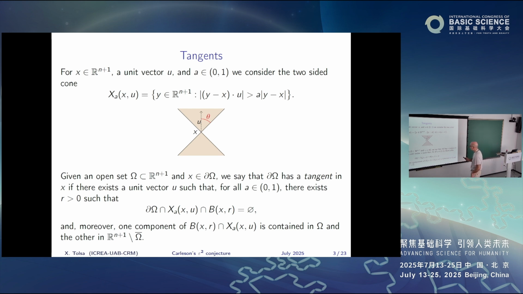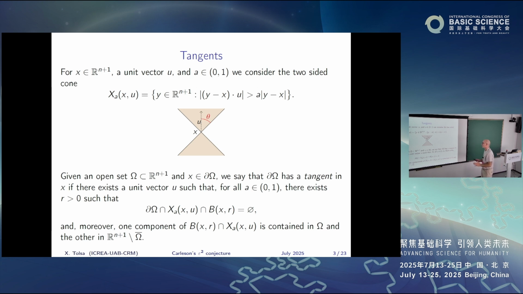That is, if we put here a circle with radius r, the boundary should be away from the cone. And for any aperture as large as we want, we find a radius as small as required, such that the boundary will be out of this cone.